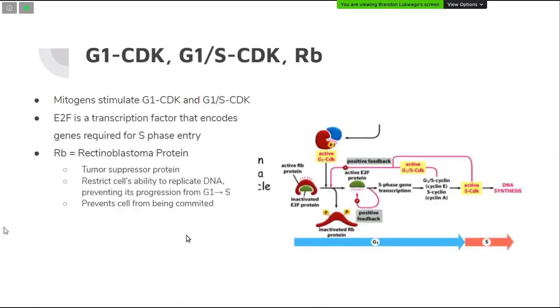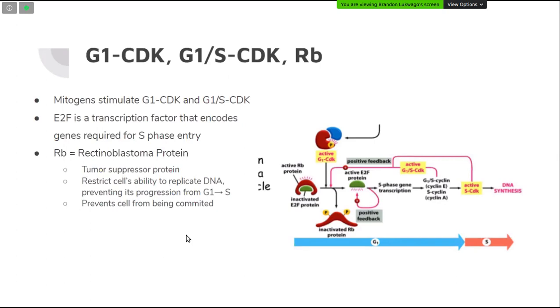Before I go into depth about this model, I want to talk about the different types of proteins that are involved. One of the proteins is called retinoblastoma protein, which is a tumor suppressor protein that restricts the cell's ability to replicate DNA, and so prevents the progression from G1 to S phase.